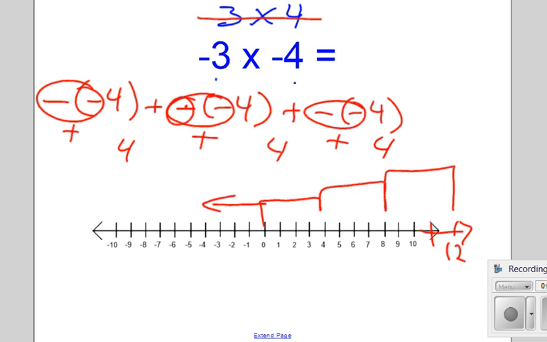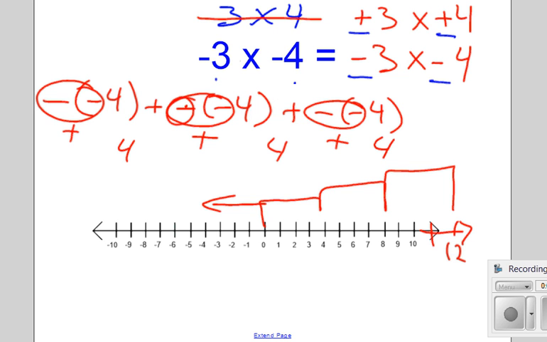So basically what we're seeing here is a pattern. If I have a positive number times a positive number, or a negative number times a negative number, if my symbols are the same, I'm going to come away with a positive answer.